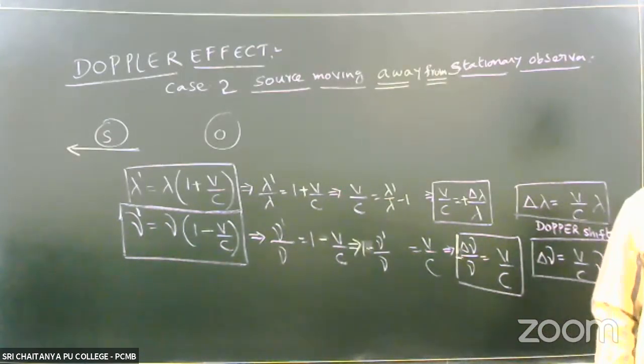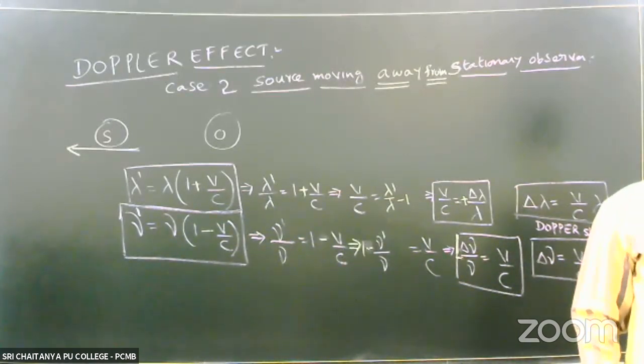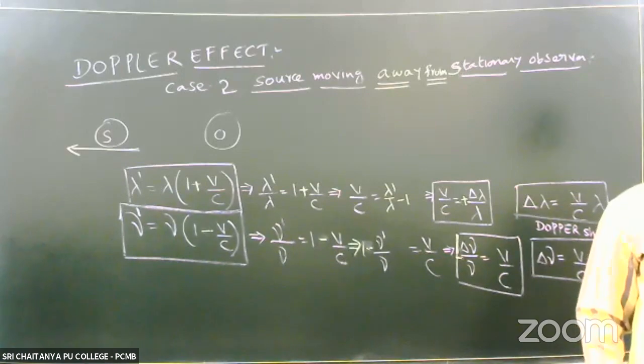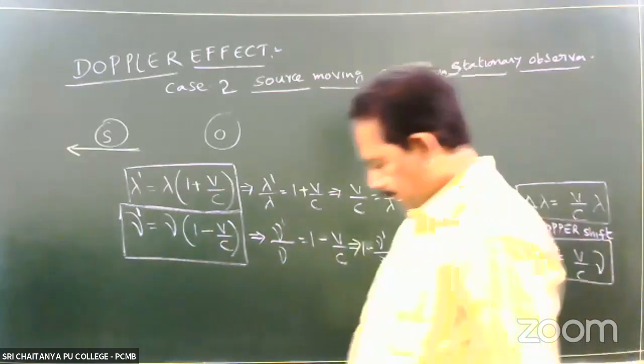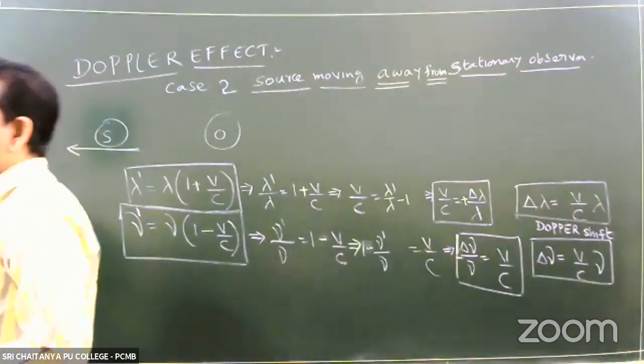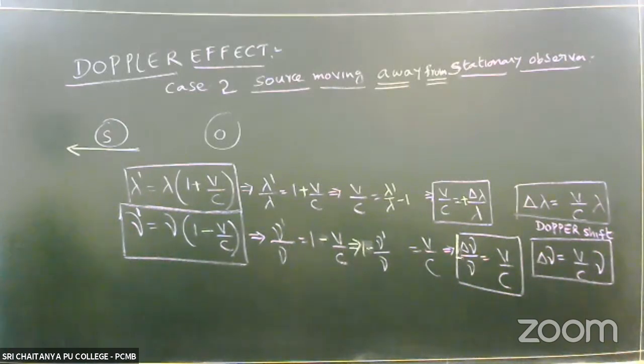First case, source moving towards the stationary observer. Second case, source moving away from the stationary observer. In the first case, wavelength decreases, frequency increases. In this case, wavelength increases, frequency decreases.